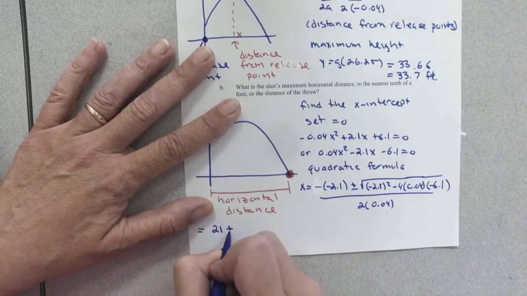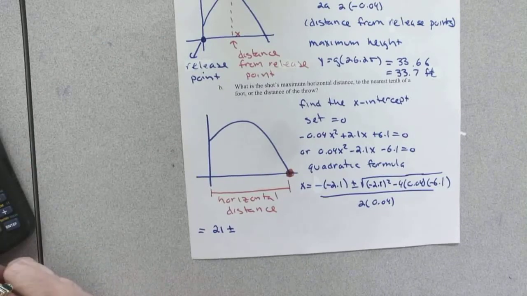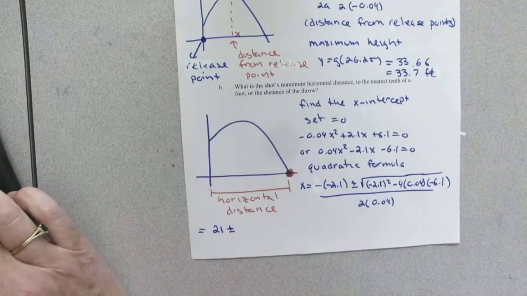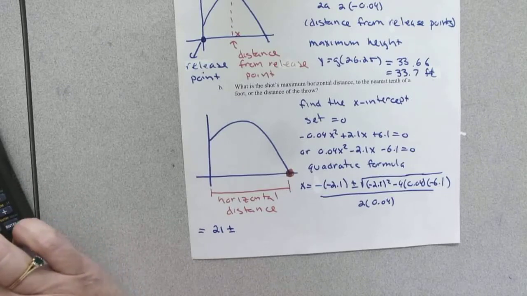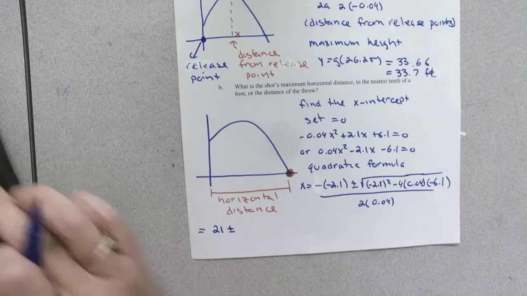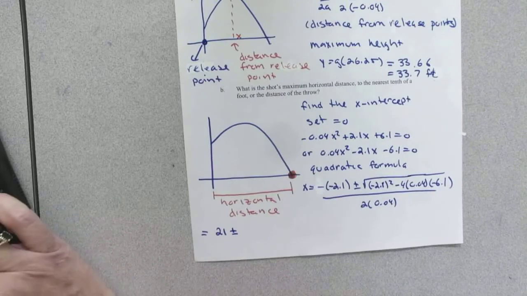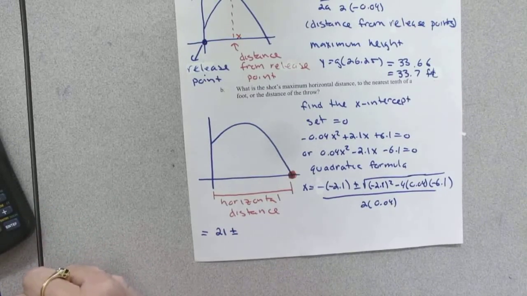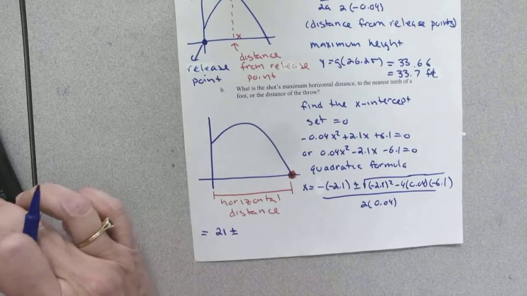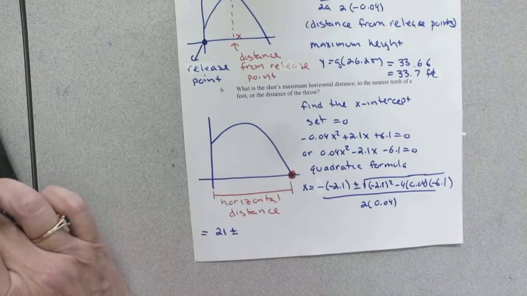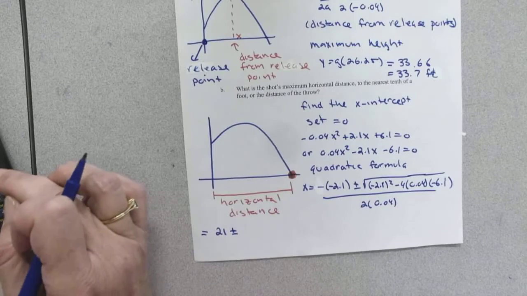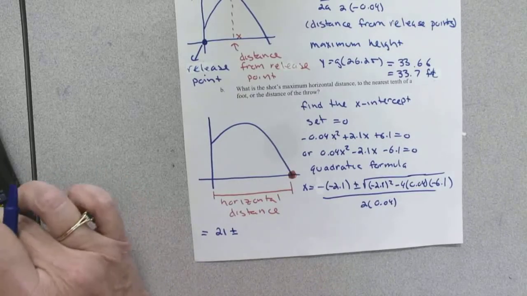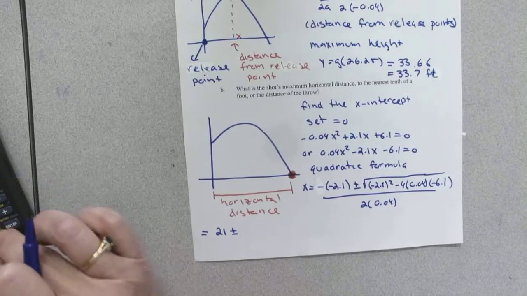So that's 2.1 plus or minus, and just doing all the arithmetic inside that square root. And remember what I've said about keeping that negative number in parentheses. It has to be in parentheses. So negative 2.1 squared minus 4 times 0.04 times negative 6.1.